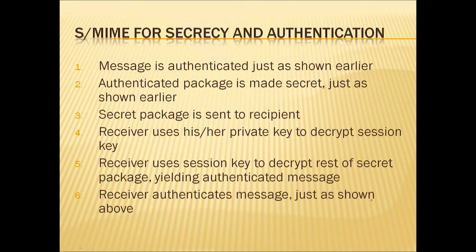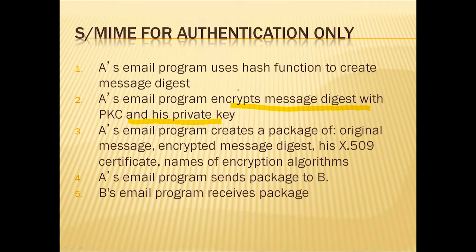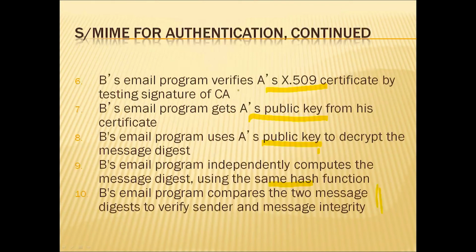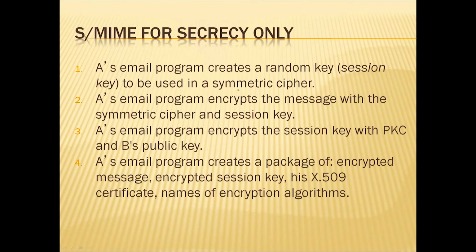So, the message is authenticated first. This is the first step. Then the authenticated package is made secret. That means, first it is authenticated by these steps, only authentication, and then it is given to these cryptographic algorithms.